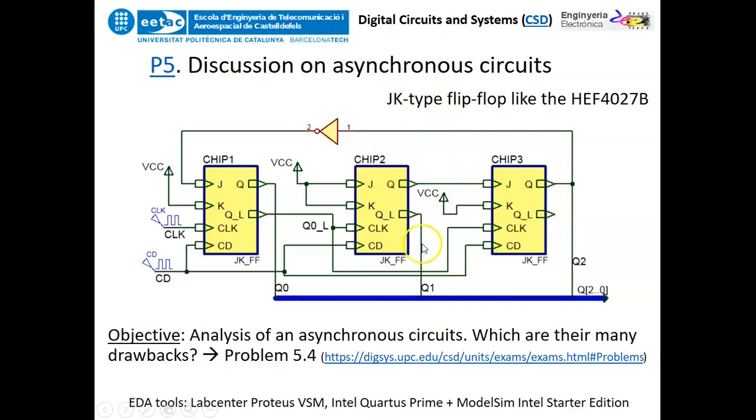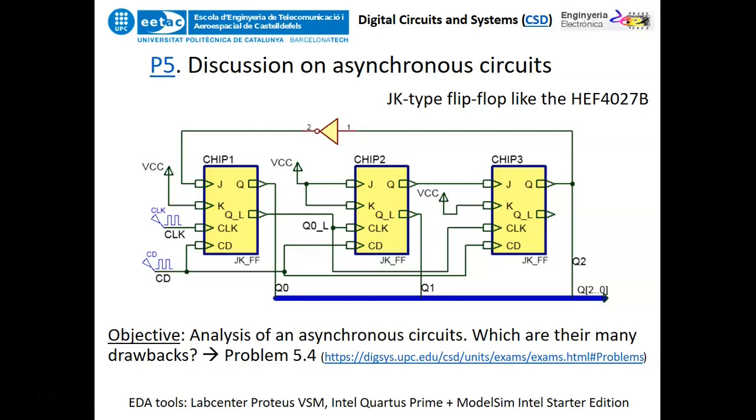When you have a chip, naturally a 1-bit memory cell, you can as well go and see how the data sheet of a commercial chip of that kind looks like. For example, the 4027, that's the classical chip in CMOS technology, which is nothing but a GK type flip-flop that you can use.